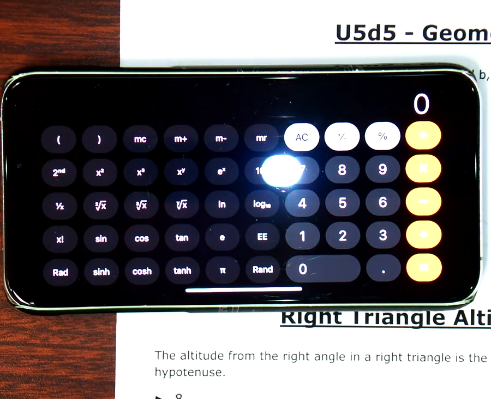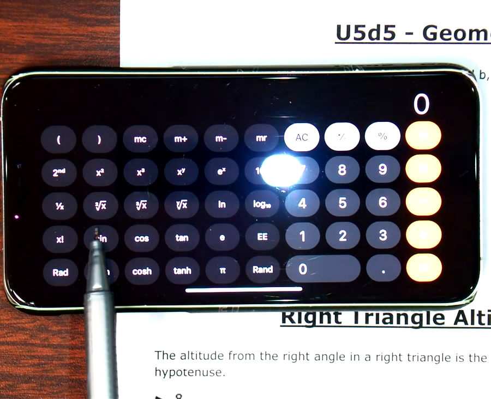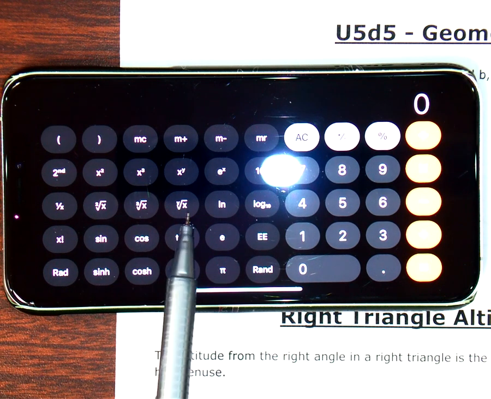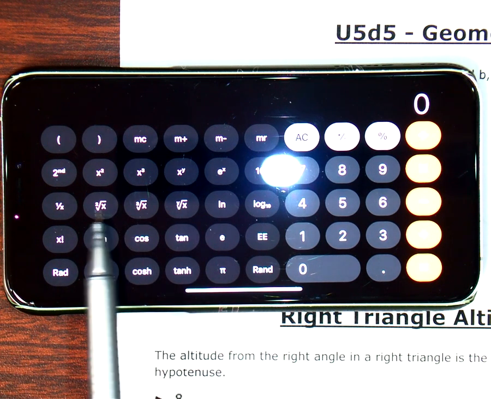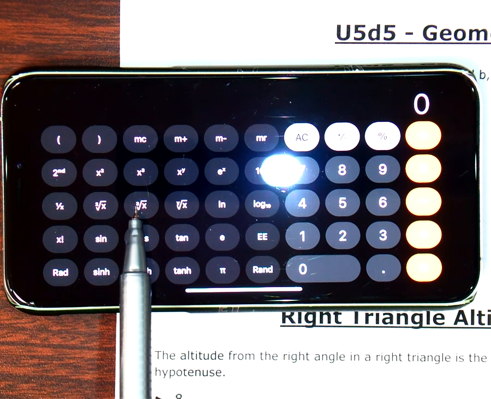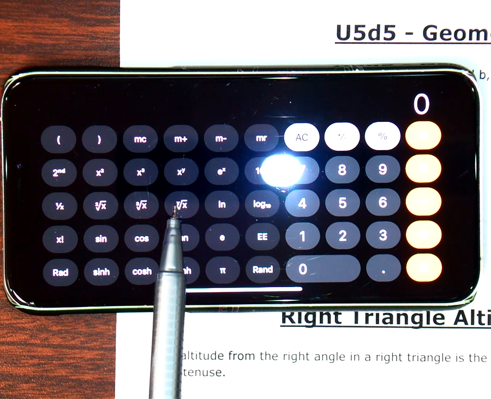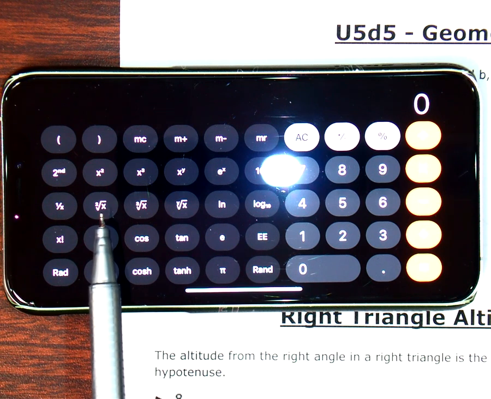So when I look at these, I can see I have x's inside all of these what look like square root symbols. One has the little 2 there, one has a little 3 there, and one has a little y there. Okay, if I want to square root then I want the one with the little 2. And you have to type in the number you want to square root first.